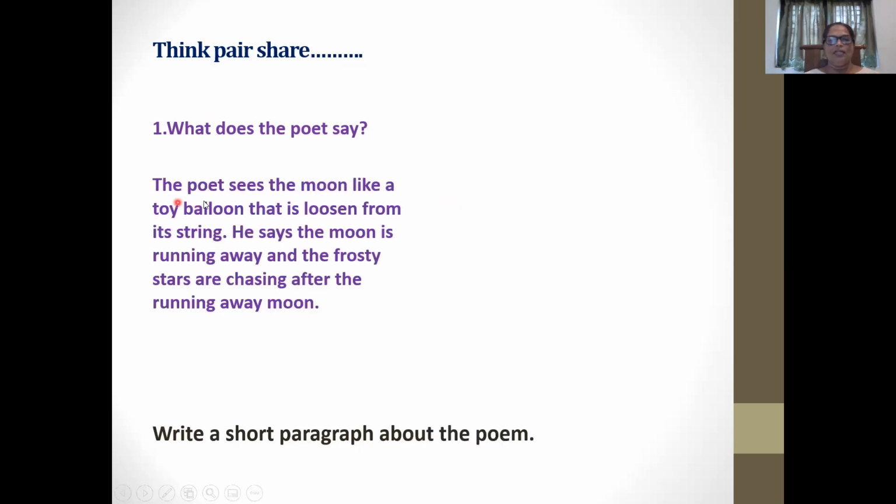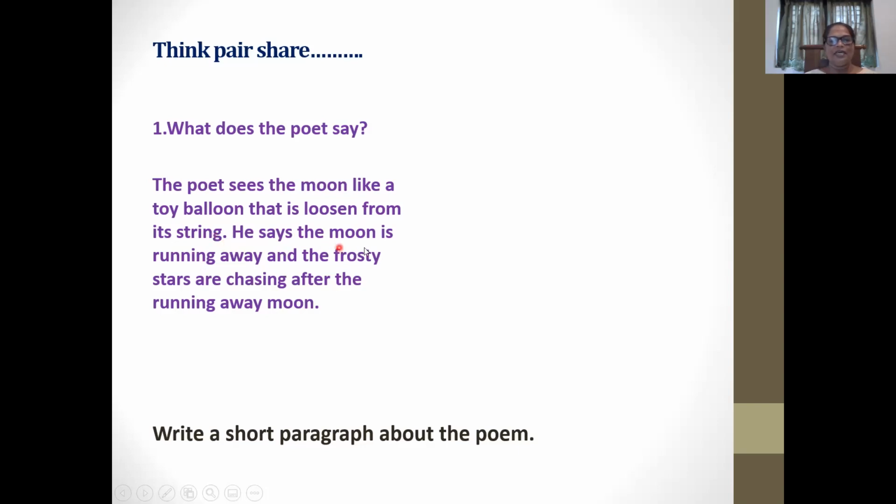Yes, the poet sees the moon like a toy balloon that is loosened from its string. I have written a long sentence. You can break into short sentences also. The poet sees the moon. It is like a toy balloon. It is loosened from its string. As you like, you can write sentences.